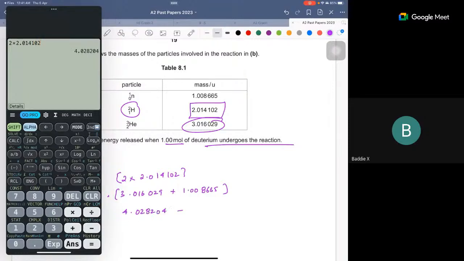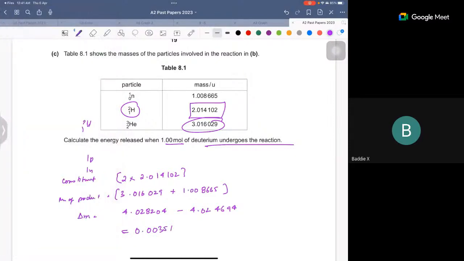Always take as many decimal places as you can. 3.016029 plus 1.008665, and that's going to be 4.024694. And then let's take the difference. 4.028204 minus 4.024694, and that's 0.00351. So that's in U.